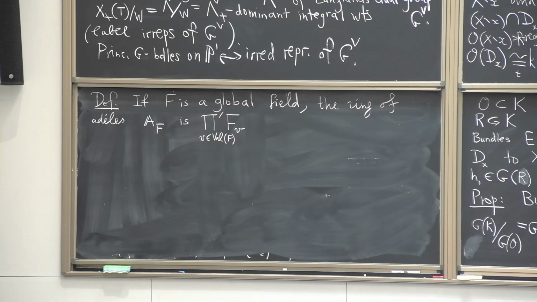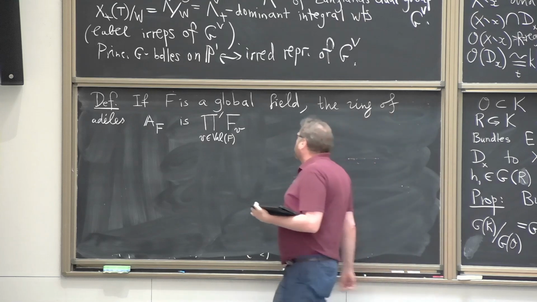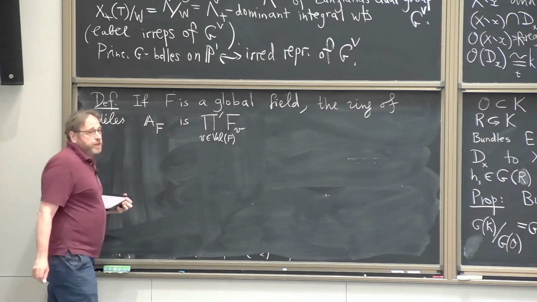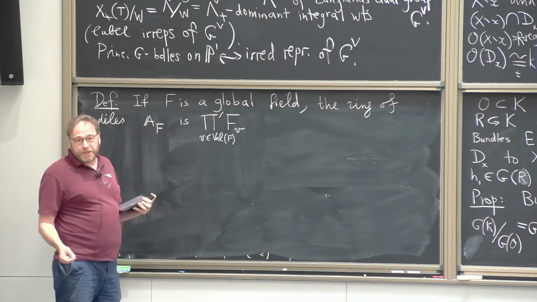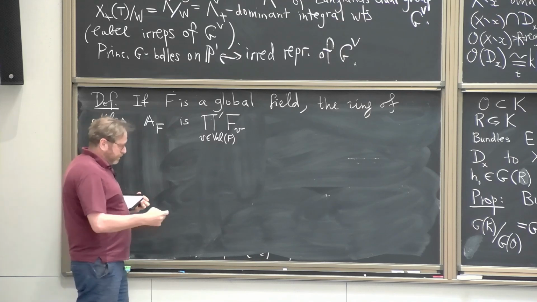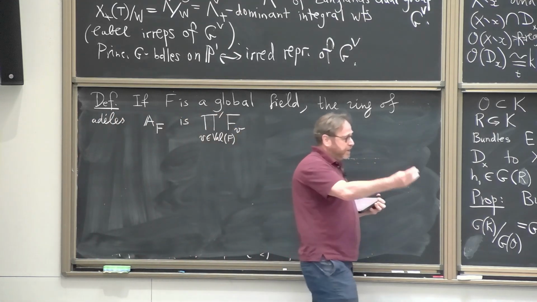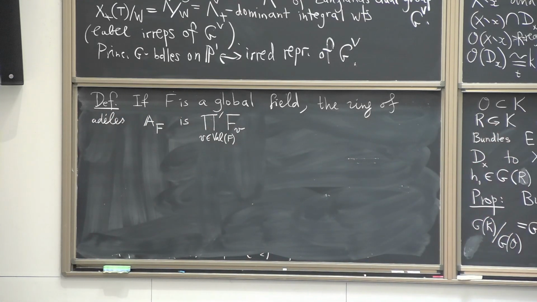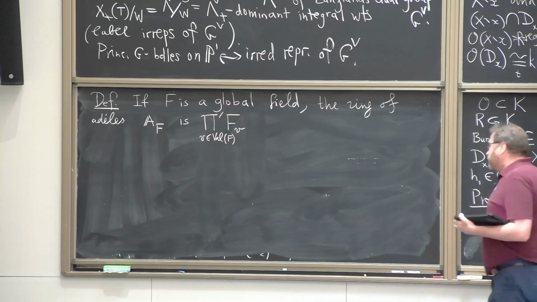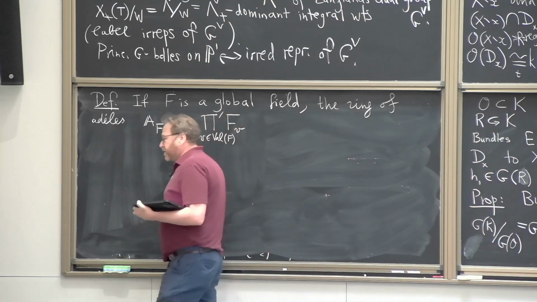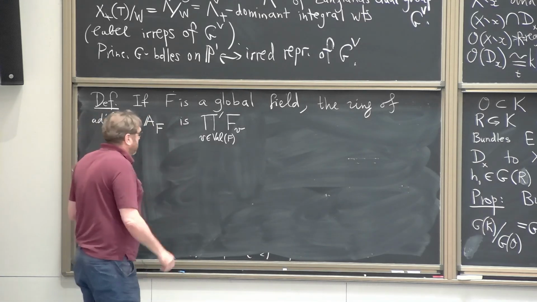Over number fields, there are two kinds of valuations: Archimedean valuations, which arise from embeddings of your field into real and complex numbers, taking the usual absolute value, and also non-Archimedean valuations, which correspond to basically p-adic valuations.